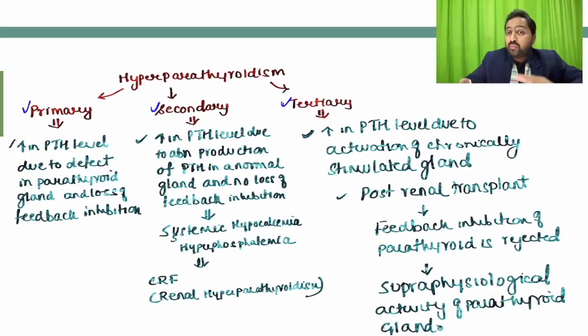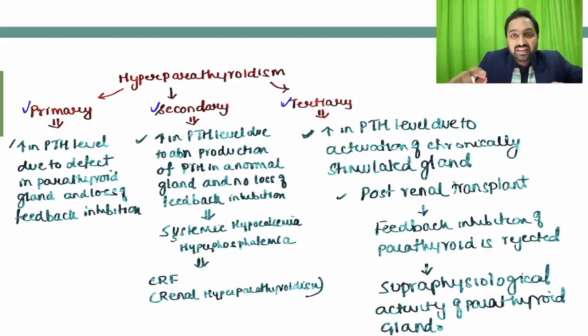One thing very common in all three of them is that it has increased PTH levels. In case of primary hyperparathyroidism, there is an increase in the PTH level due to the defect in the parathyroid gland itself, which causes the loss of feedback inhibition.